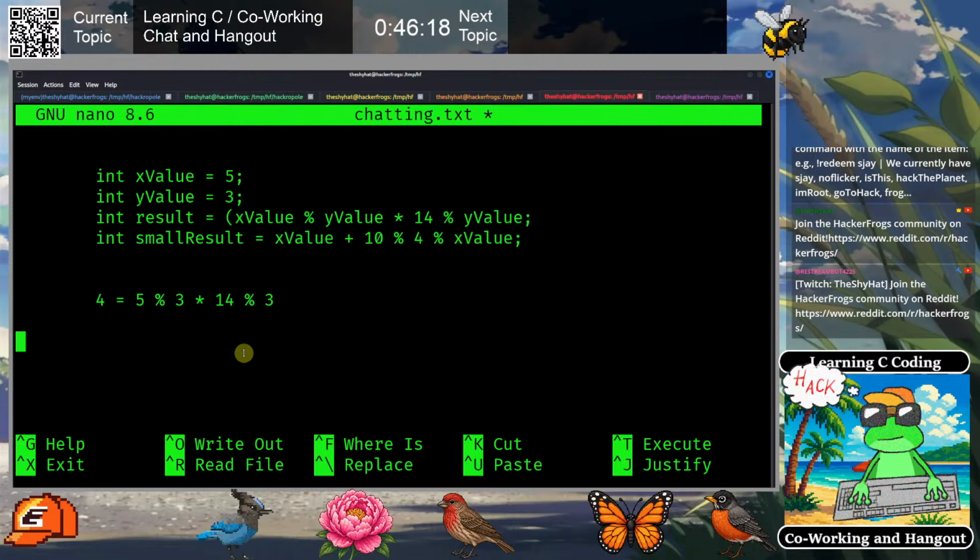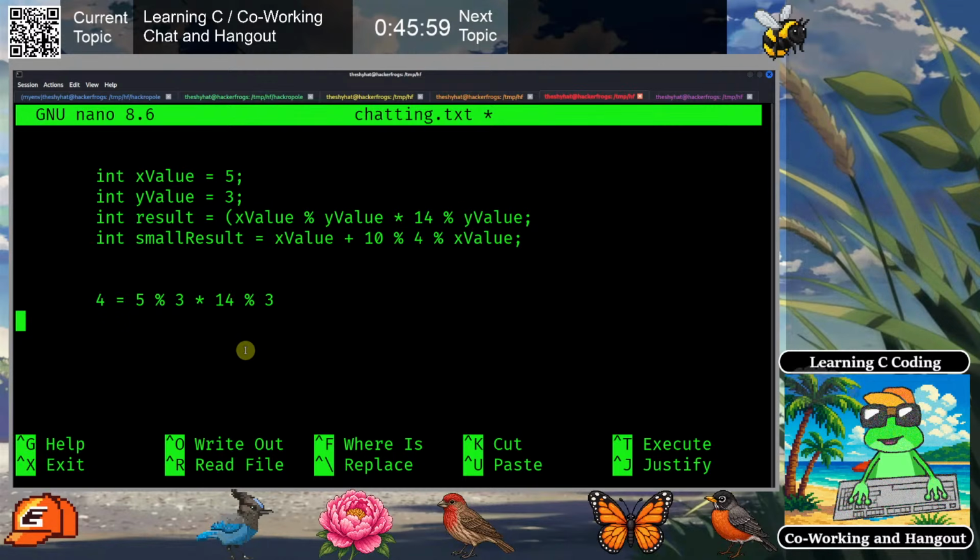So what can we do with these numbers to result in the number 4? 14 modulo 3 is 2. 2 times 2 would give us 4.